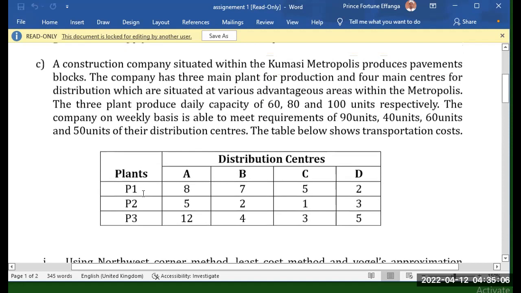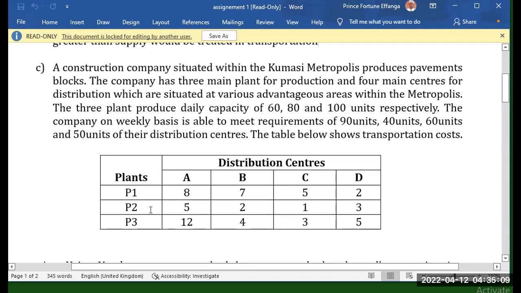So let's read and see where these are. The plants are Plant 1, Plant 2, Plant 3.